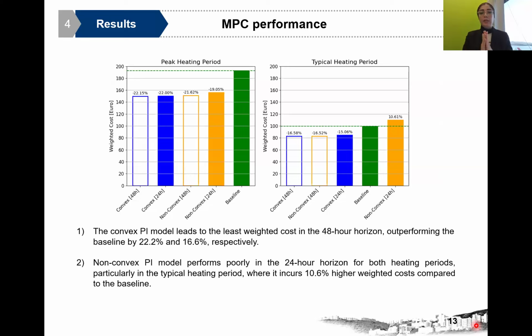And as you can see in both weather condition scenarios, all the MPC controls are working better than baseline, except for that non-convex model in the 24-hour optimization horizon. And when we increase the optimization horizon, the non-convex model even works better than the baseline. And in both cases, the convex model with a 48-hour optimization horizon has the best performance.